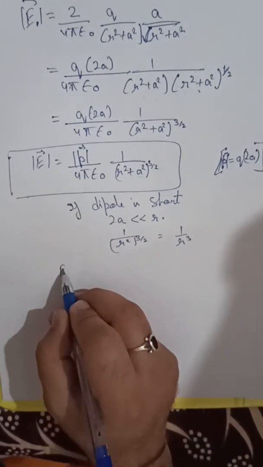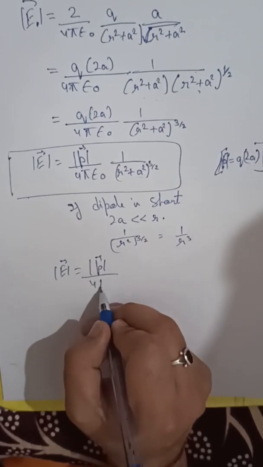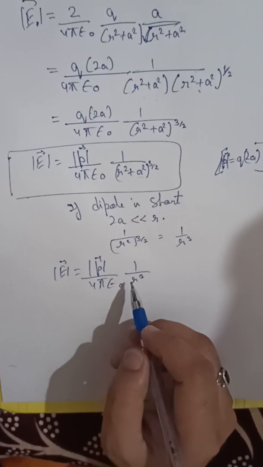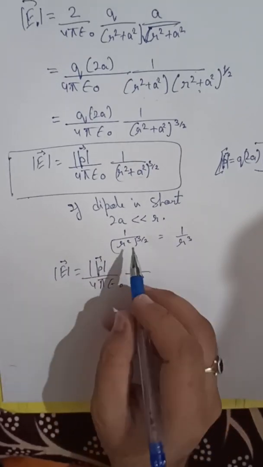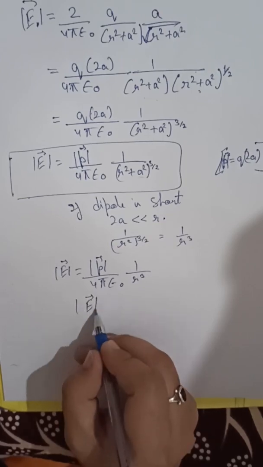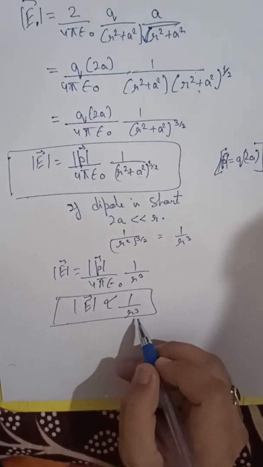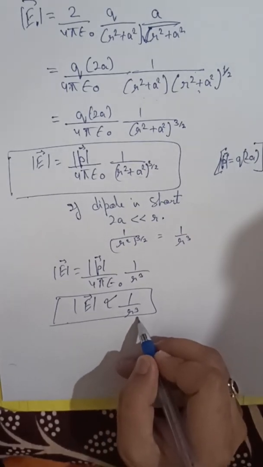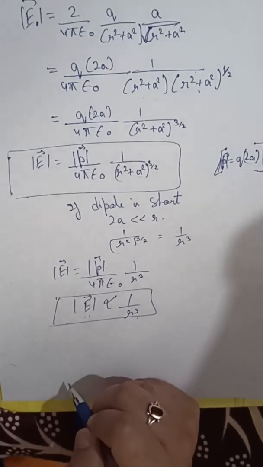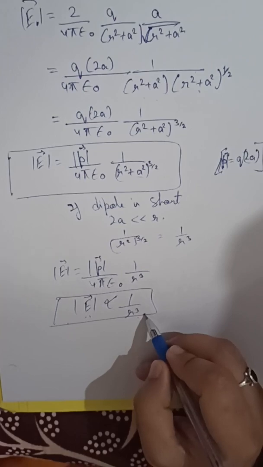Putting this in, E is equal to P upon 4 pi epsilon naught 1 upon R cube. So again, the rest is constant. Therefore E is inversely proportional to R cube. The farther the distance of the point of observation, the less the electric field intensity becomes, drastically, by a power of 3.